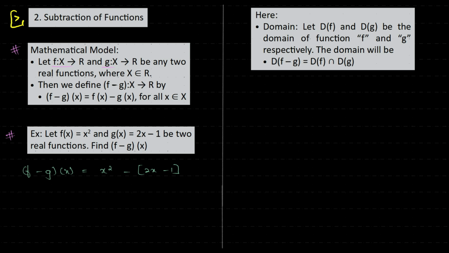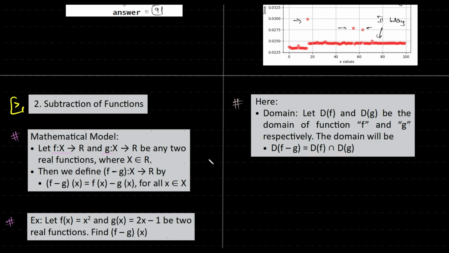So this would be x square minus 2x plus 1, and this in turn is x minus 1 the whole square. So instead of the first way, we can go with this way and make use of the resultant expression. And here too, the domain of the resultant function is the intersection of the domains of the first two functions. It's very important for us to know the domain of a resultant function.